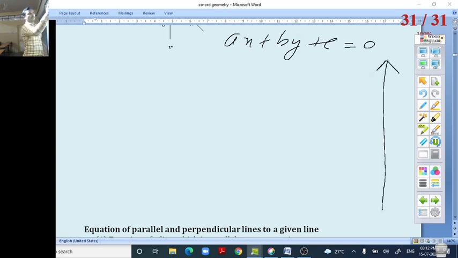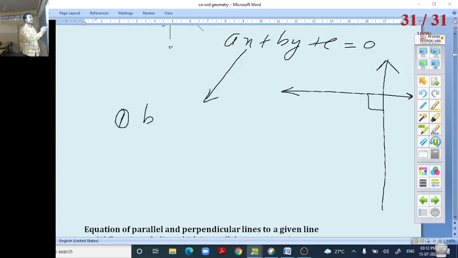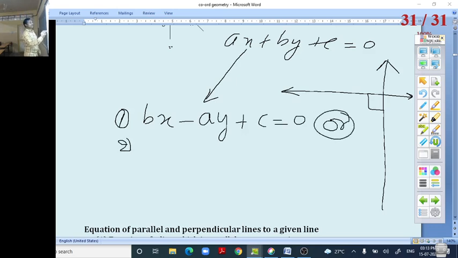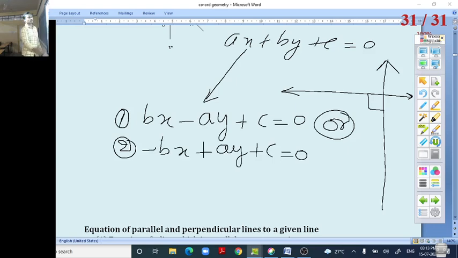Then any line perpendicular to it is always of the form, one of the forms is bx minus ay plus c equals 0, or the one more form is minus bx plus ay plus c equals 0.